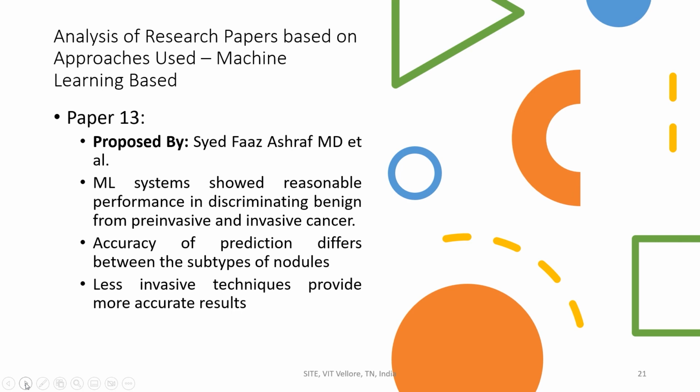So, this paper discussed further the types of lung nodule cancers which have been identified, and the results could be more accurate and could be improved if the models had a larger amount of data to learn on.